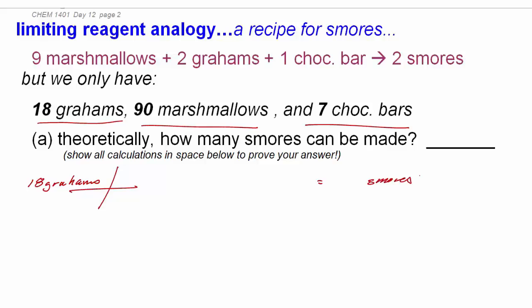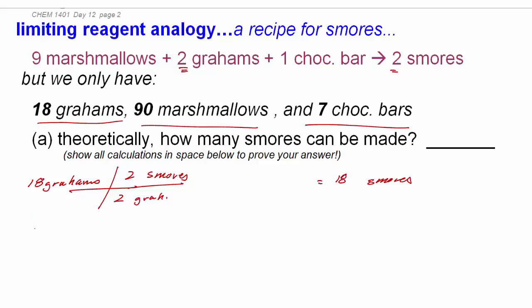Well, what's our mole bridge? We've got 2 graham crackers for every 2 s'mores. So that's just 18 s'mores.